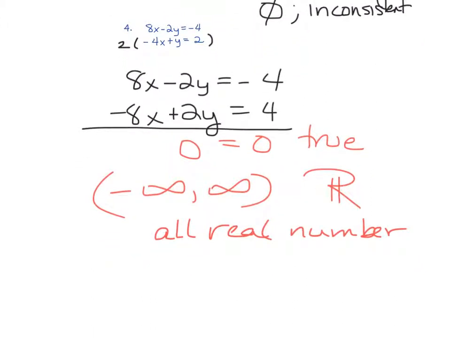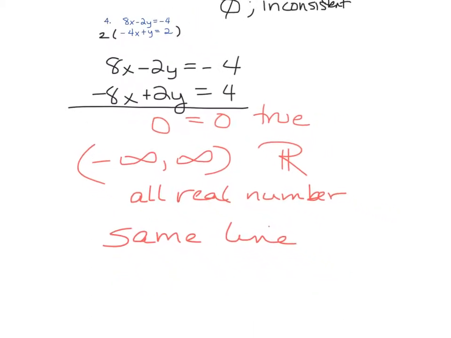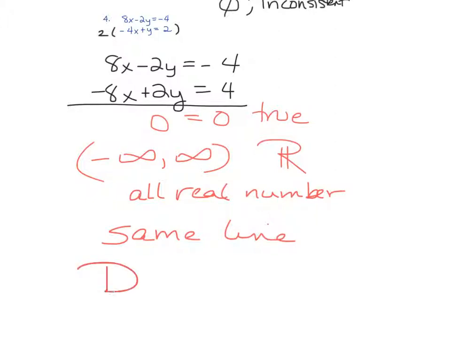If you were to rearrange these both into y equals mx plus b, you would find out that this is the same line or the same equation. And when this occurs, the other vocab word is, you would describe this as a dependent system because it's depending on the other one to be the same. So that is the review of the Algebra 1, substitution and elimination.